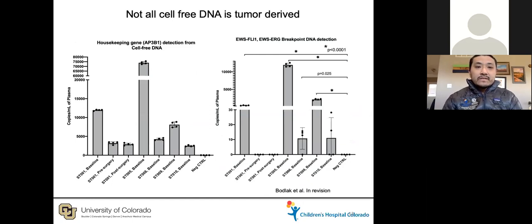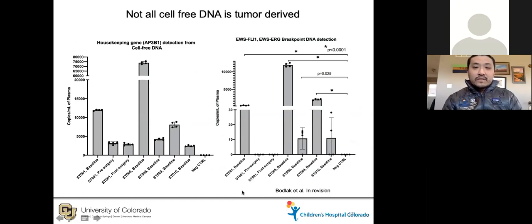So this is an experiment we did that I showed a little bit earlier, now about DNA. Here we show the copies per ml detected for this housekeeping gene. If you just look at the pattern, it looks similar to the right side, where we tried to detect EWS-FLI1 and EWS-ERG patient-specific breakpoint DNA.